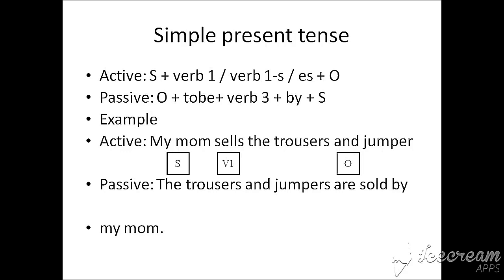So we put the trouser and the jumper at the beginning of the sentence, plus to be are, plus verb 3 sold, plus by, and my mom, the subject, we put at the end of the sentence. This is the simple present tense.